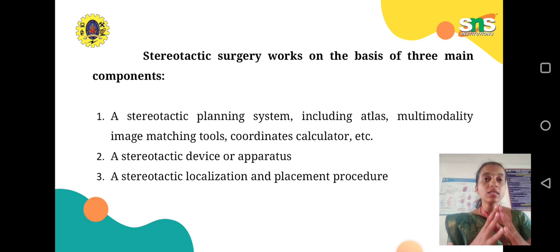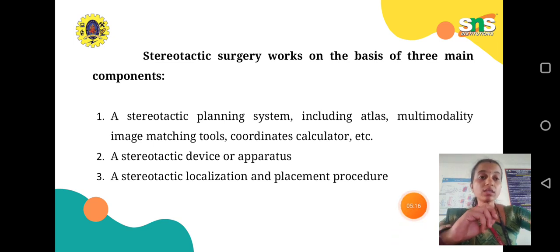This stereotactic surgery works on the basis of three main components. What are the three main components?